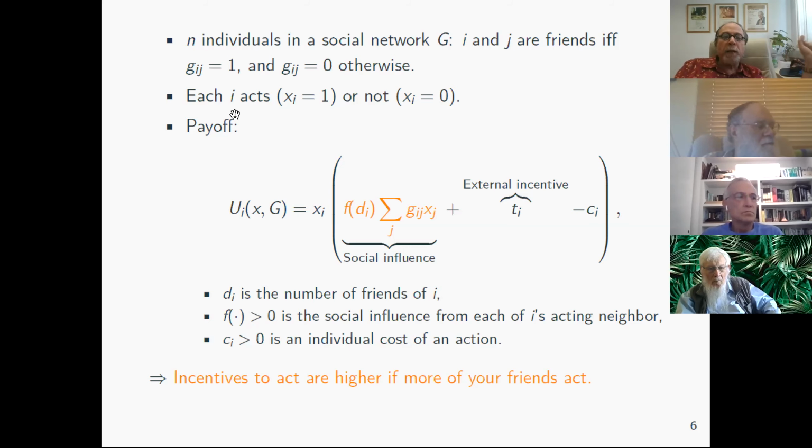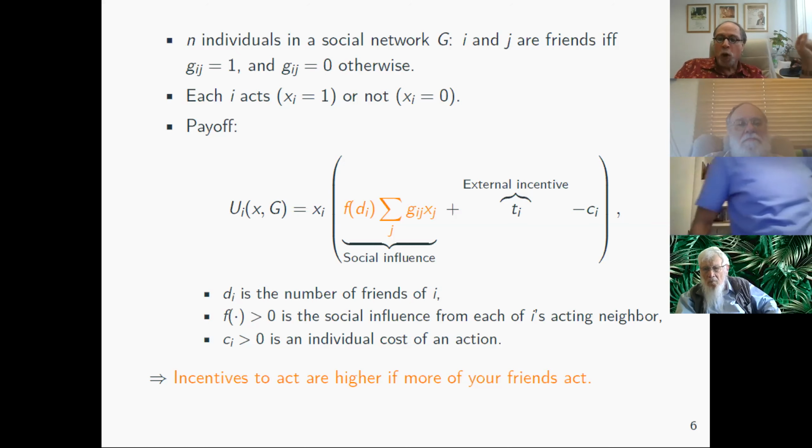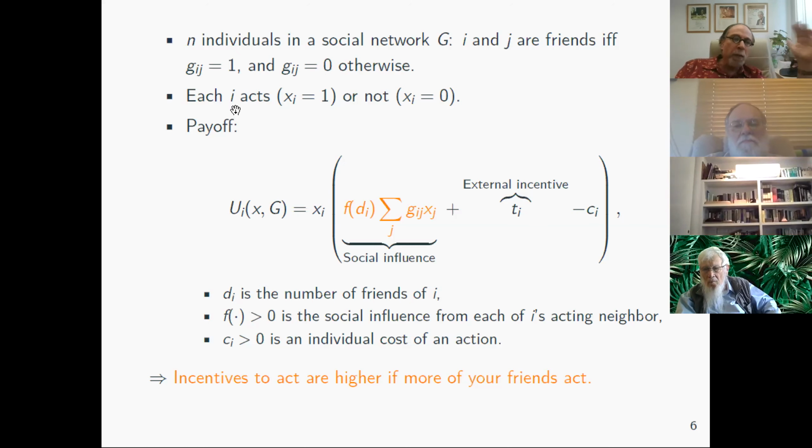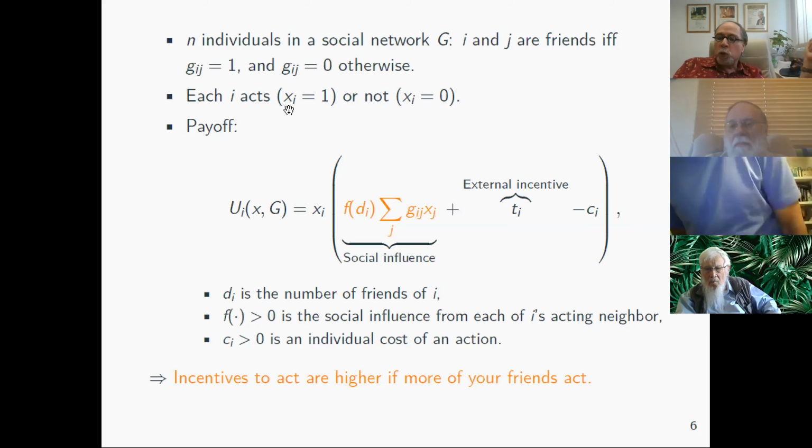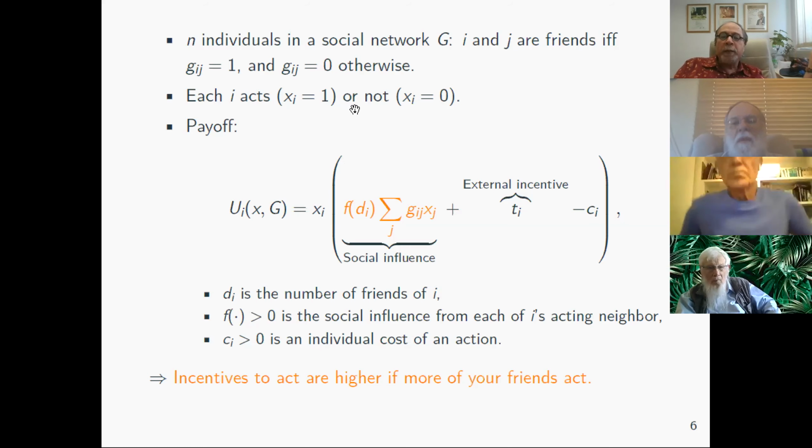Now each player has to decide whether he takes the action or not. Let's think about voting. Taking the action means choosing xi equal 1, not taking the action is xi equals 0.